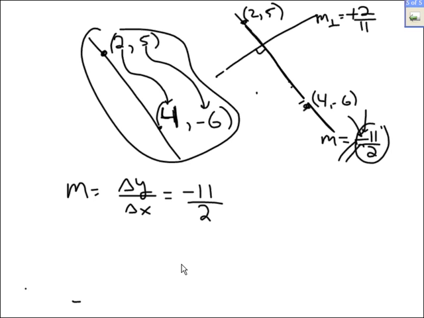So let's try that again. I'll give you a line with some points on it. If I give you more than 2, pick 2. Any 2. Doesn't matter which 2 different points you pick on the line.